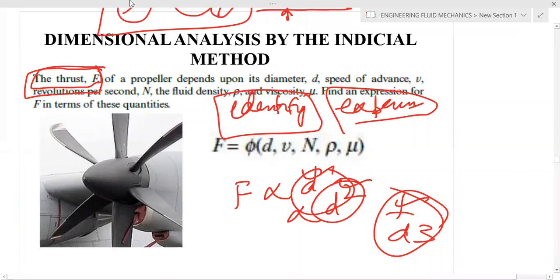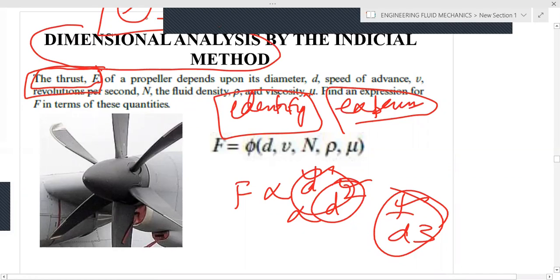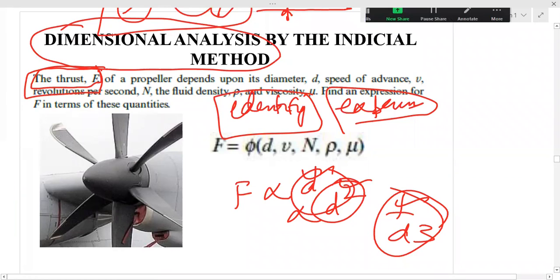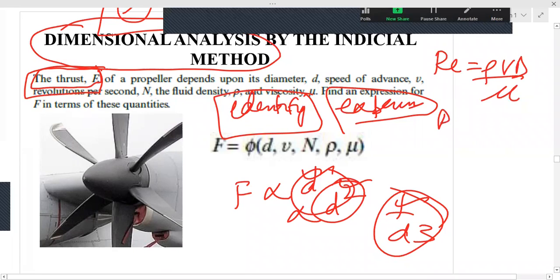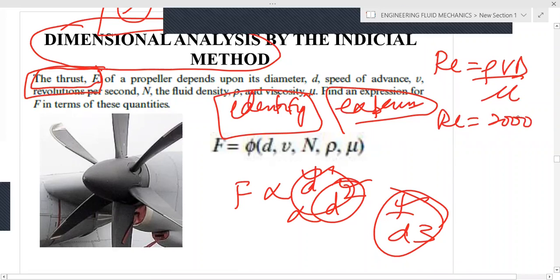So that's why now comes the role of dimensional analysis. That is to reduce the number of variables, like in Reynolds number also, rho Vd upon mu. When Reynolds number is say 2000, okay sir, we will express the thrust as proportional to a constant.